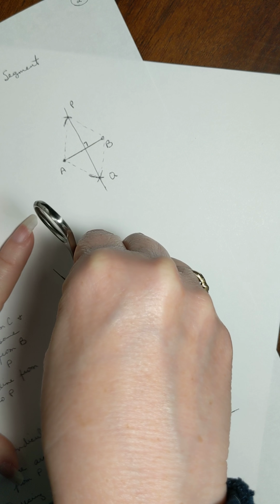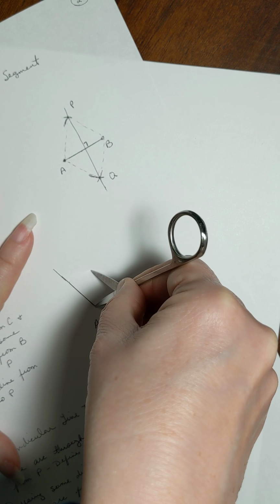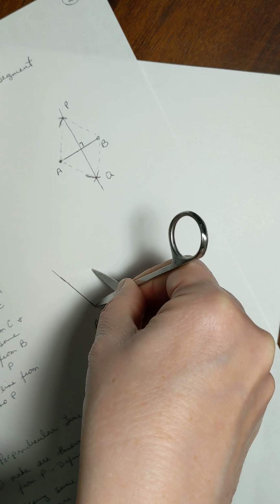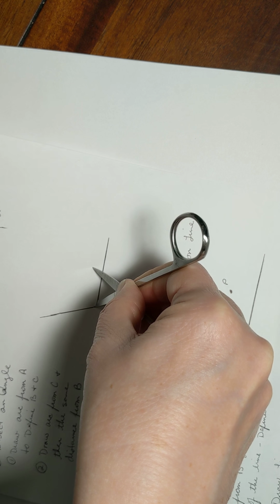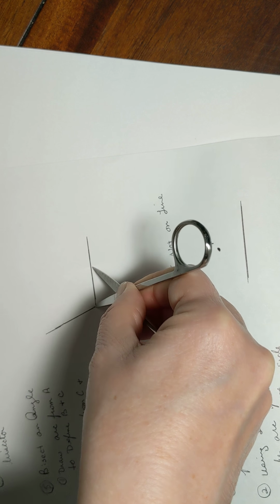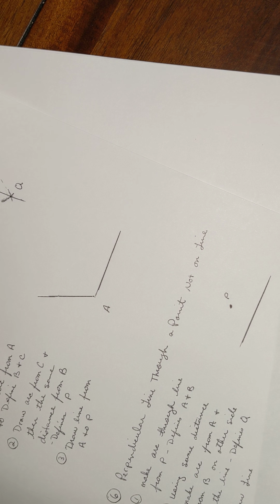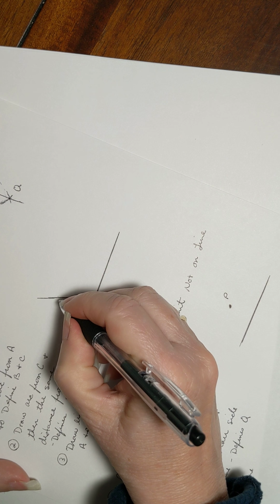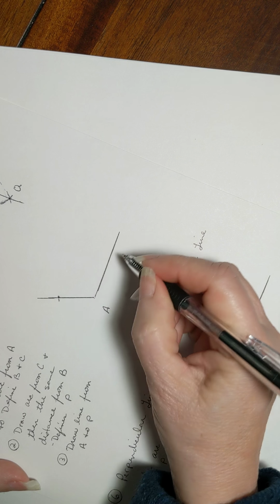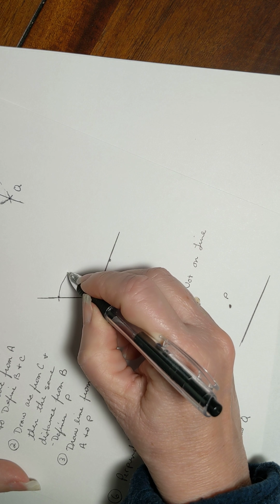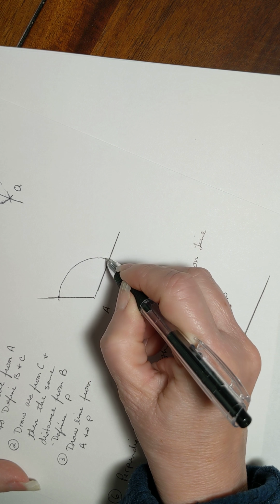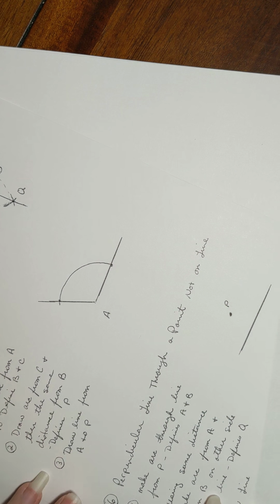So I'm going to draw an arc from here all the way around to here. Let me see if I can keep that so it's this point and this point. And then my arc looks like this. All right.